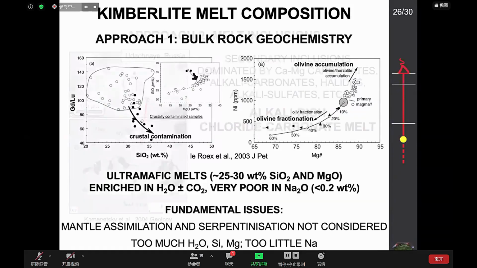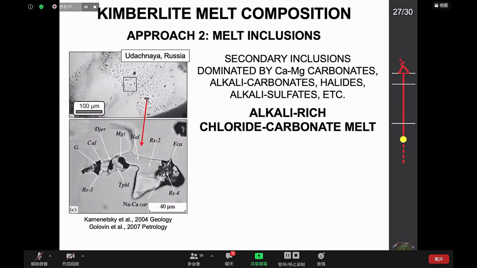The second one is a completely different way to tackle the problem. It's what I call the melt inclusions approach, which was pioneered by Dima Kamenetsky and other Russian colleagues. Essentially, what Dima and others did in the past was to look at the composition of secondary fluid and melt inclusions, mostly in olivine but also in other phases in kimberlites worldwide.